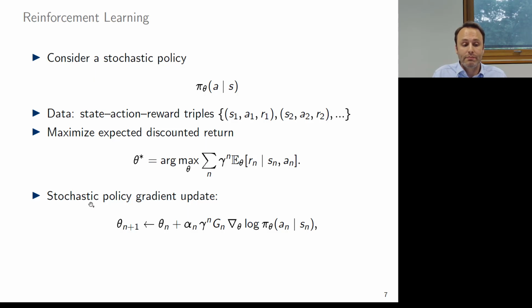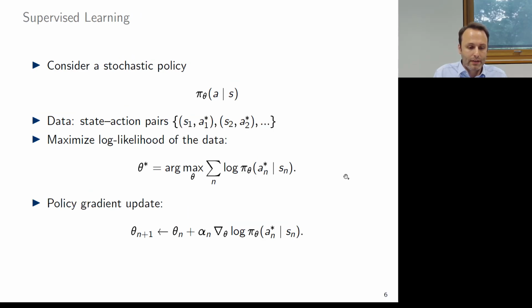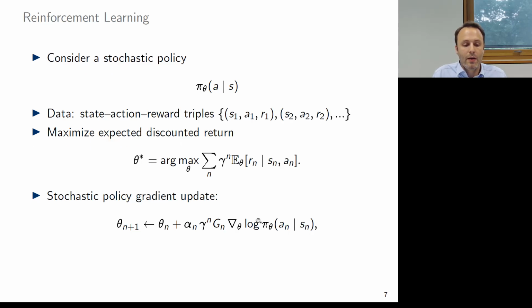And so the answer is already here on this slide, but we are going to see that this derivation needs a little bit more thought. So what is the difference here to the supervised policy case? We can go back here. We see the gradient with respect to theta of this log policy is the same here. We also have a learning rate, and the updating works in the same way. The only difference is that we have gamma to the power of n times G_n here as well.